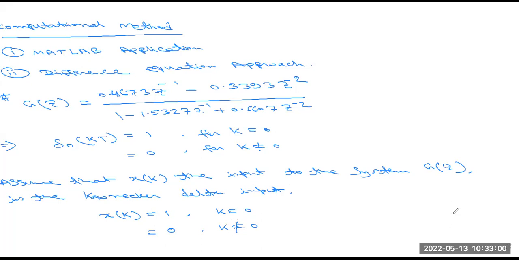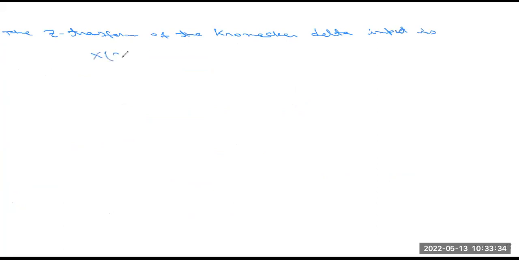Now, the Z transform of the Kronecker delta input function is X(z) equals 1.